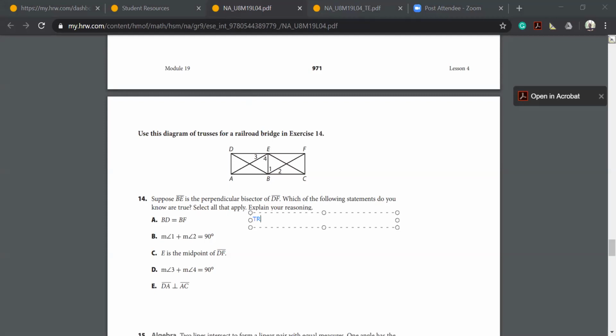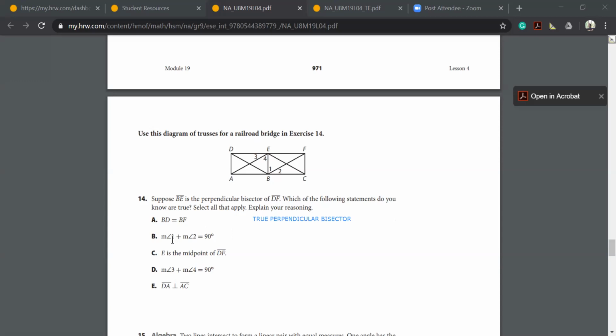So here I'm going to tell him it's true by perpendicular bisector theorem. Okay, very well.